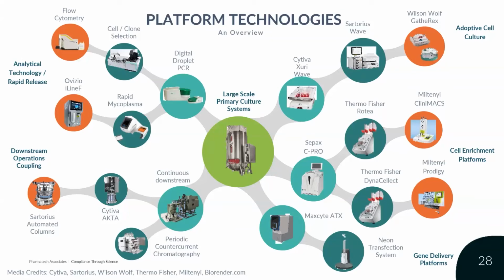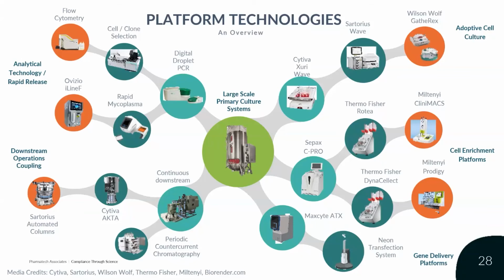Sure. So the DynaSelect from Thermo Fisher has just recently come out. That allows you magnetically assisted cell sorting in a much more reduced platform. Same thing with the Thermo Fisher Rotea. Your working volumes in cell culture, at least around cell therapy, were on the order of 500 mils to a liter.